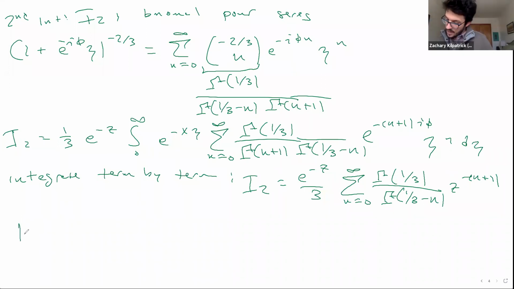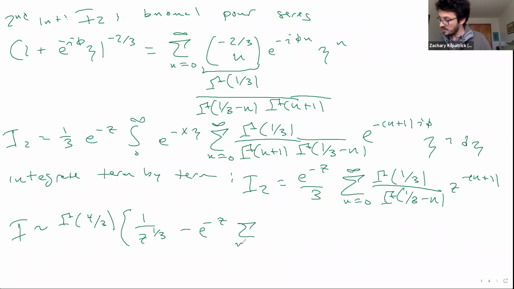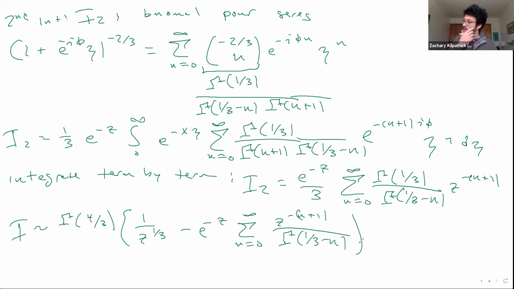So finally, we can write I is asymptotically approximated by gamma of 4/3. This gets pulled all the way out in front. 1 over z to the 1/3 minus e to the minus z sum from n equals 0 up to infinity of z to the minus (n plus 1) divided by gamma of a third minus n. Okay. So steepest descent, right?